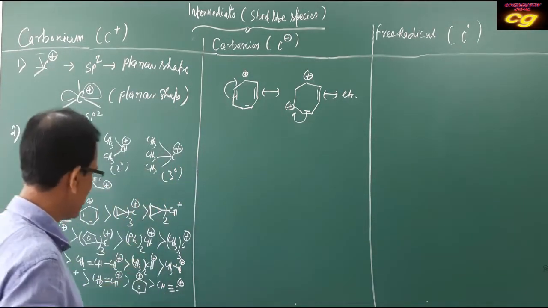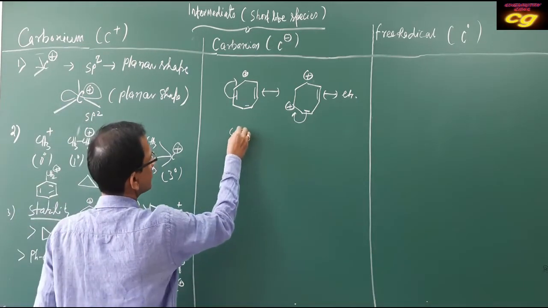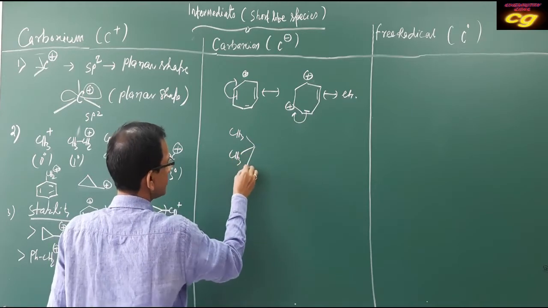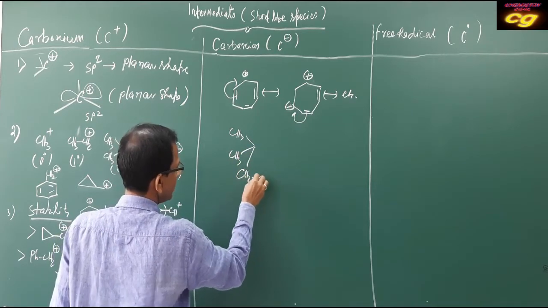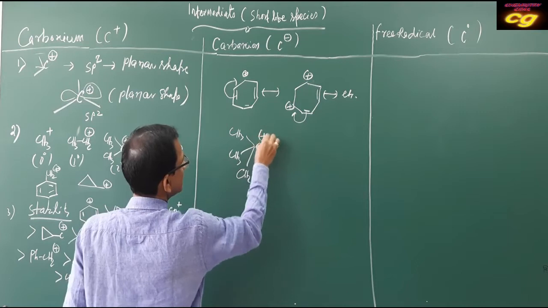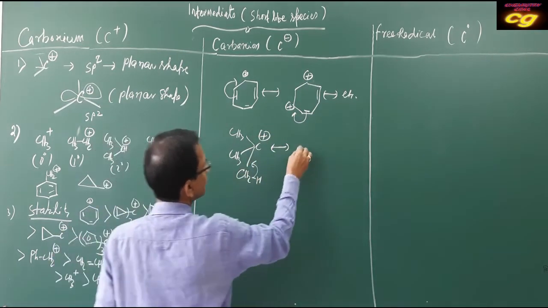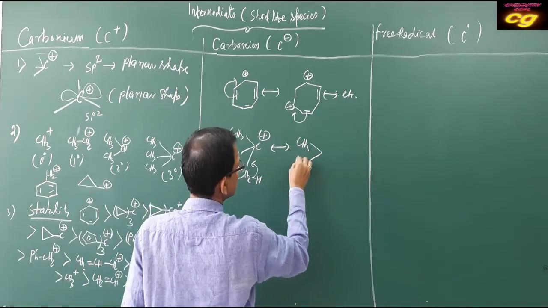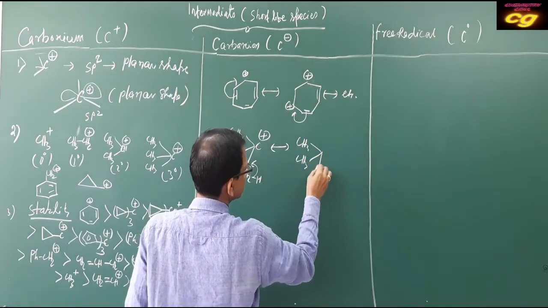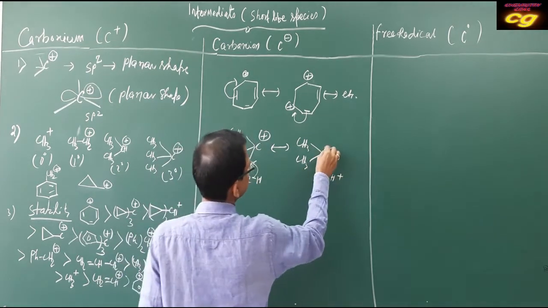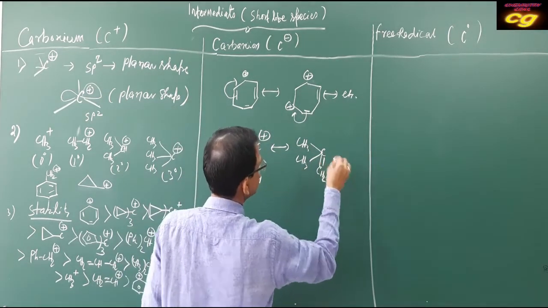If you see hyperconjugation also, you write one H, then if you see hyperconjugation, we have already done hyperconjugation. This is the structure, H plus, then double bond.